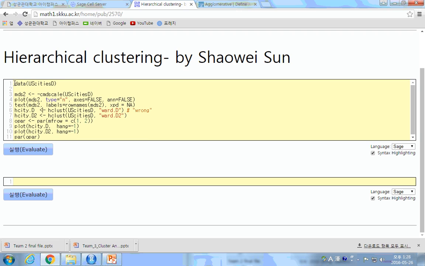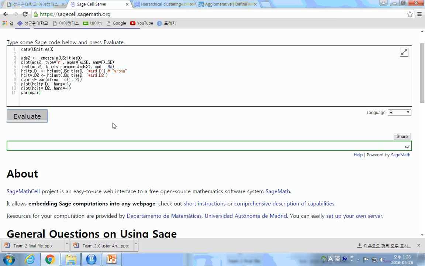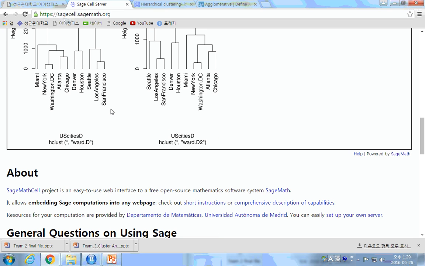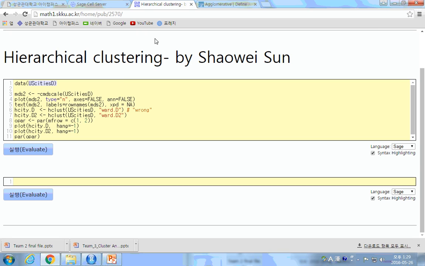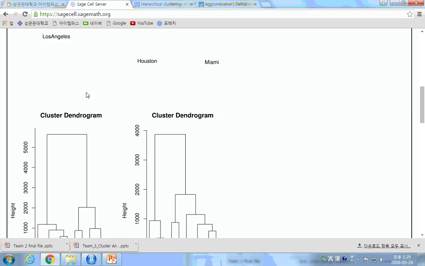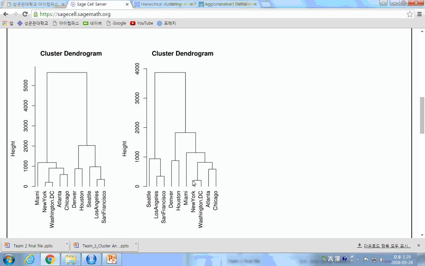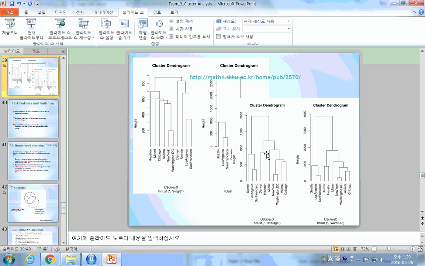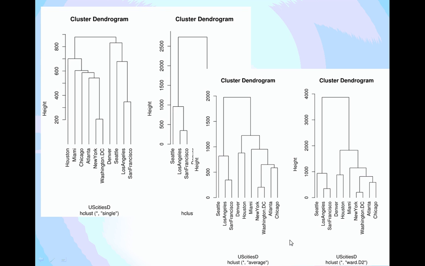Here we got the data from this package. Here I just take these two methods, that's why two graphs come out. So which way we choose also gives a different output.